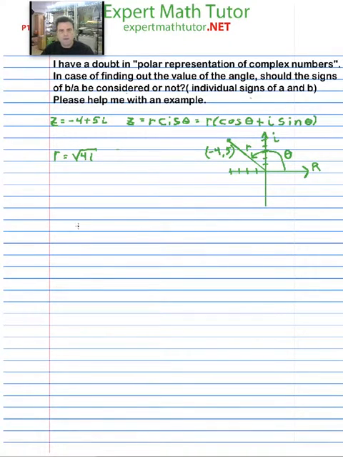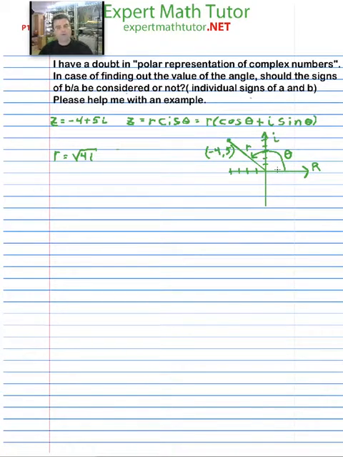And then for theta, in this case, we're going to find the reference angle, which will be this angle here. The reference angle is always a positive angle. So the measure of the reference angle is always positive. So we're actually going to be finding this angle here in the first quadrant.